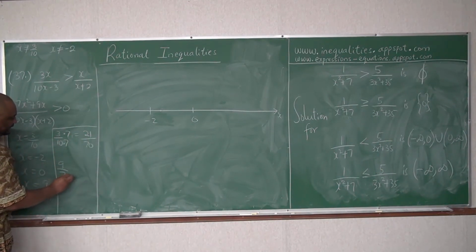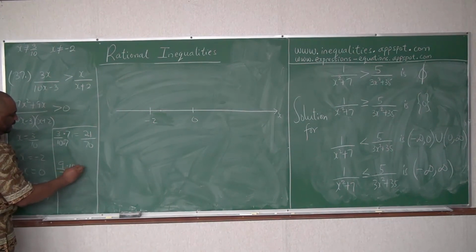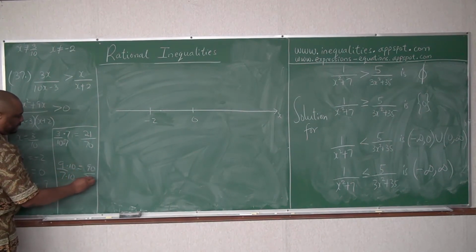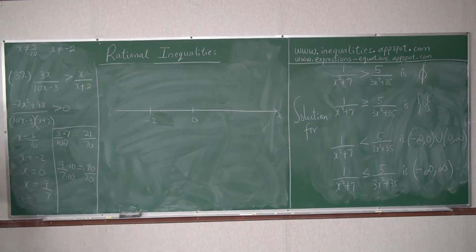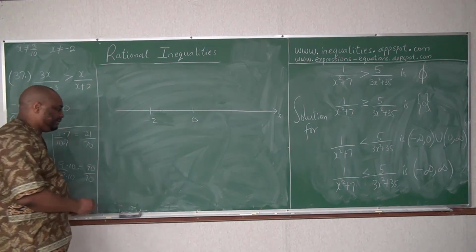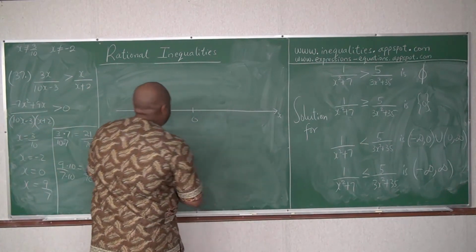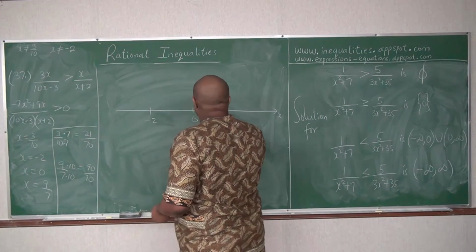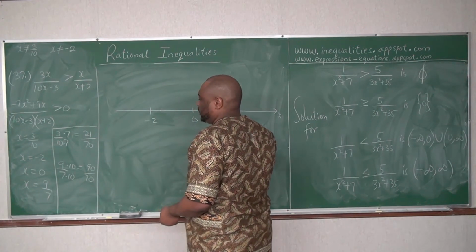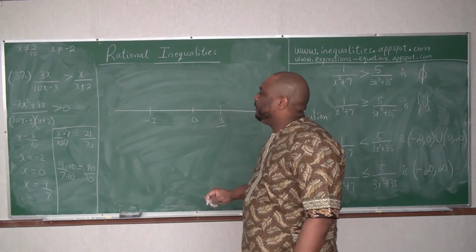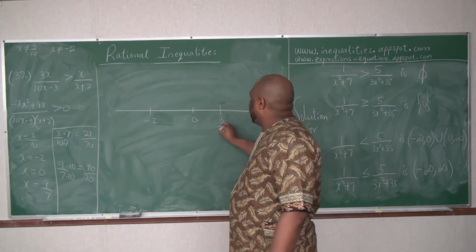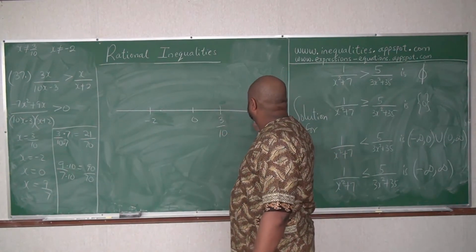And this is times 10 times 10, and this is 90 over 70. So 21 is less than 90. So 3 over 7 comes next. Sorry, 3 over 10, my bad. 3 over 10 comes next, and then 9 over 7.